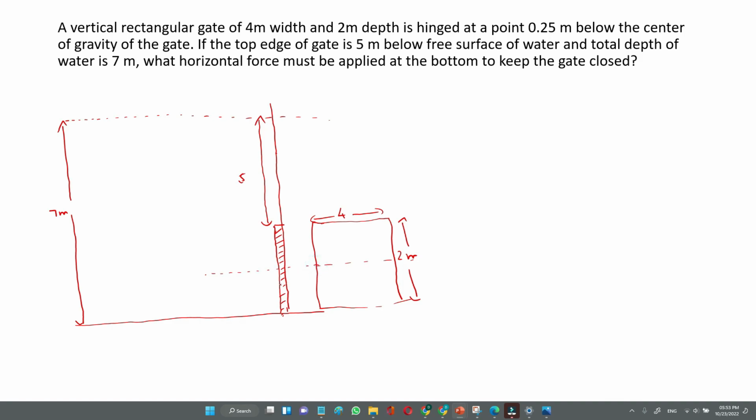And the gate is hinged at a point here, that is at a height of 0.25 meter. It is 0.25 meter here.